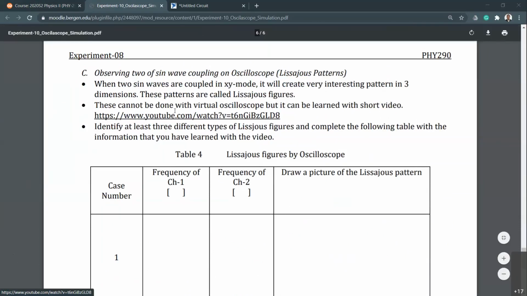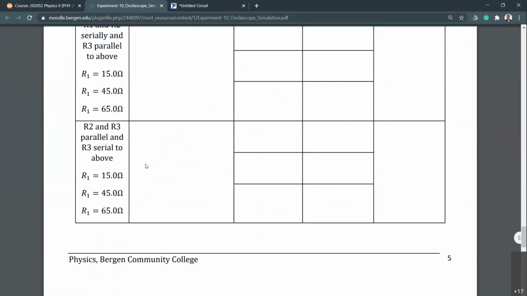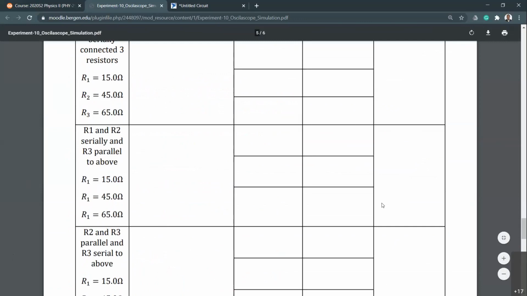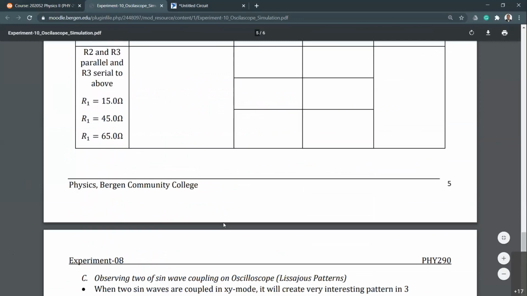Okay, let's take a look. We completed every single data point on all the tables. The only thing I did not do is the percentage difference, so that should not be difficult at all.